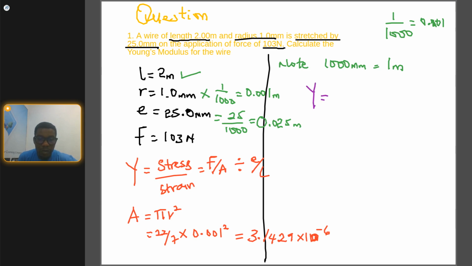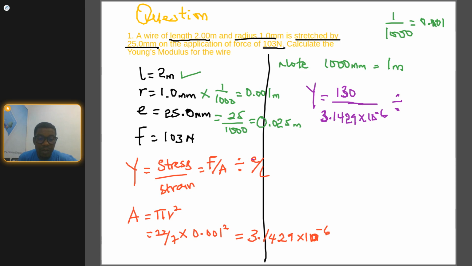Young modulus equals F. What is F? F is 10^3, that is 10^3 over A. What is A? A is 3.1429 times 10 raised to power minus 6, divided by e over L. What is e?